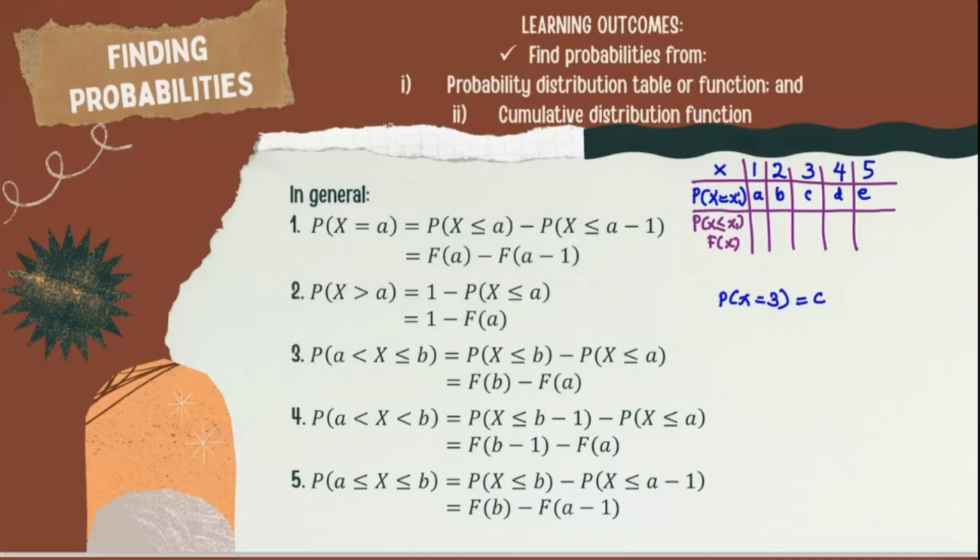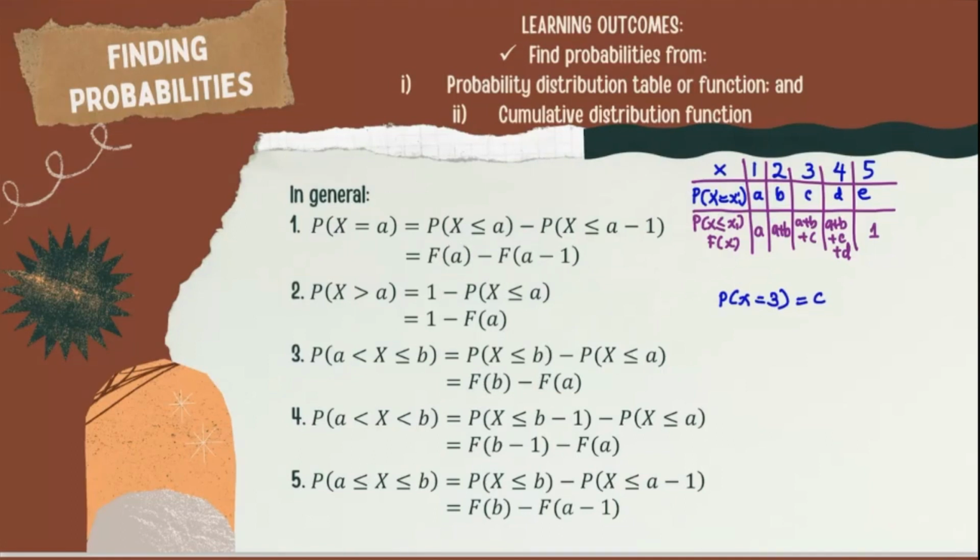So dia akan jadi kalau CDF yang first dia akan kekal A, tapi yang second dia jadi A plus B. Yang third dia akan jadi A plus B plus C. Yang keempat adalah A plus B plus C plus D. Dan yang terakhir akan jadi 1. Okay, maksudnya A plus B plus C plus D plus E sama dengan 1.